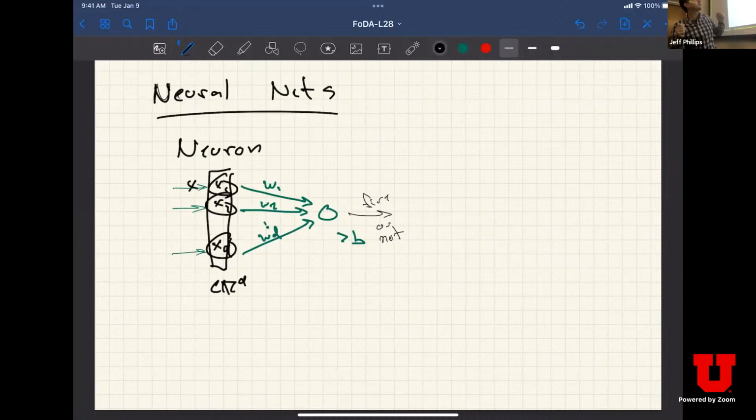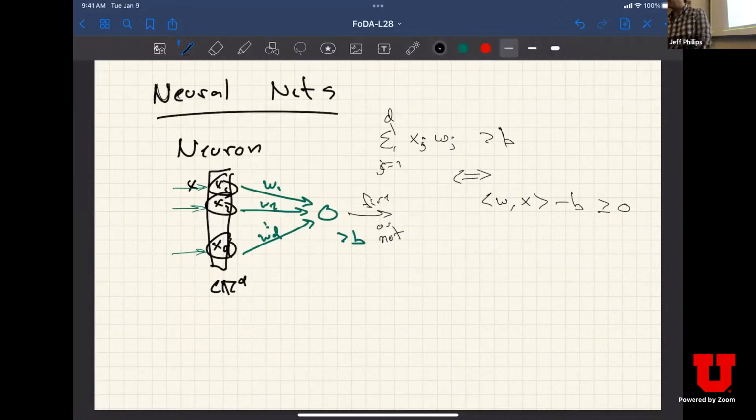Okay? So we can write this down mathematically. What is happening here is there's a sum, j equals 1 to d, over xj times a weight wj, and I want to know if this is greater than some threshold b. I can rewrite this as w dot x, that's a dot product, minus b greater or equal than 0.